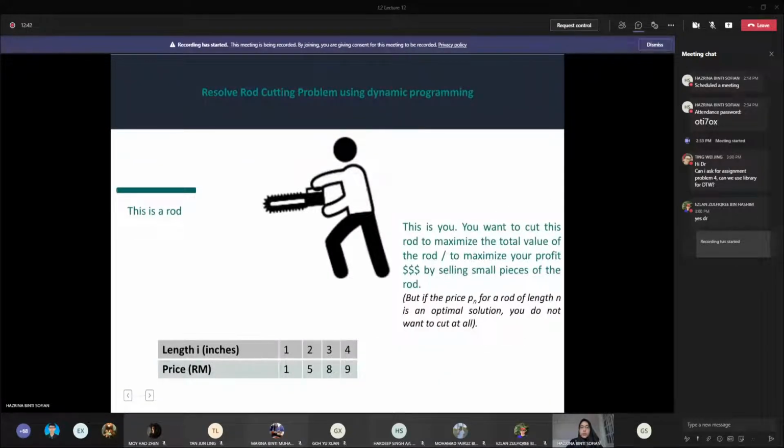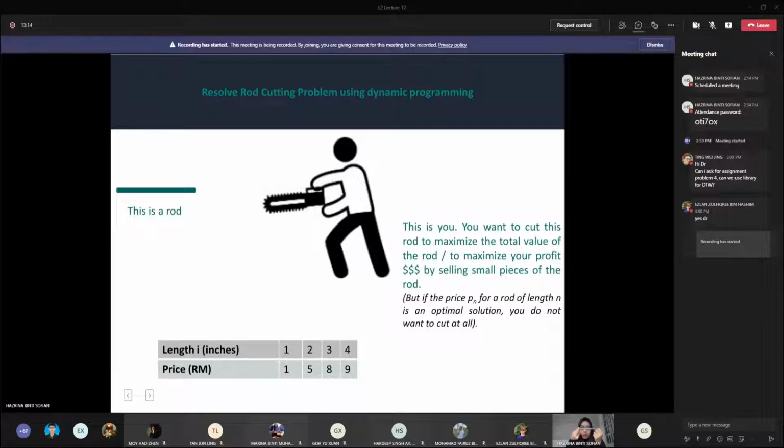As mentioned, we would like to resolve the rod cutting problem using dynamic programming. So this is a rod. A rod can be anything. This can also be considered a rod. It can be metal, it can be wood, anything that is long.